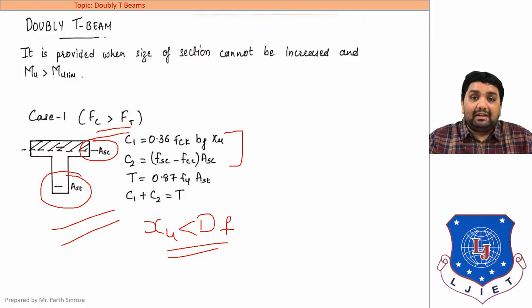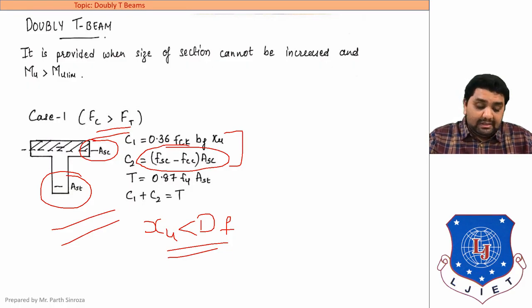We already saw the equation pertaining to C2 in the W section. In T sections also this value will be the same, that is FSC minus FCC into ASC. Whether it be a rectangular section or a T section, this value of C2 will always be the same. The only change is the value of C1.